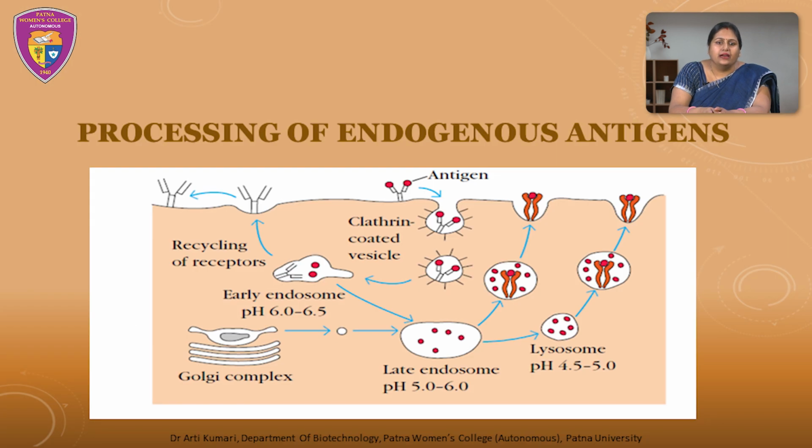The antigens are encircled in clathrin coated vesicles, which form early endosomes where the pH is 6 to 6.5, where the receptors get separated and recycled towards the membrane. The proteins after endocytosis are degraded by acid dependent proteases in the endosomes, and this process takes almost an hour.